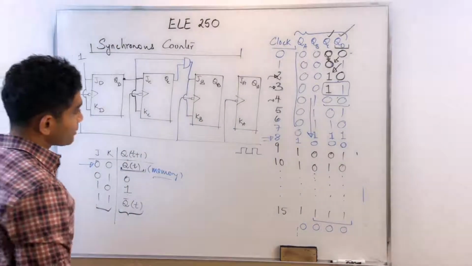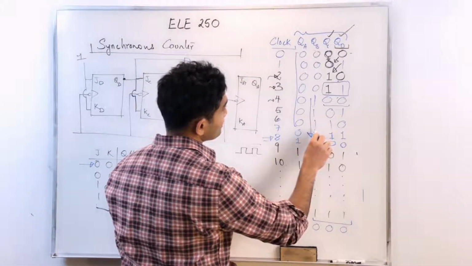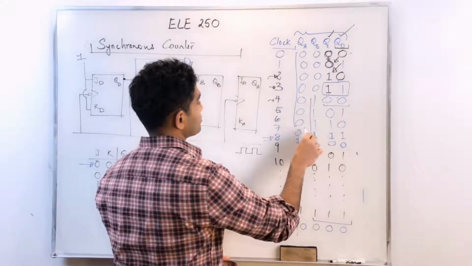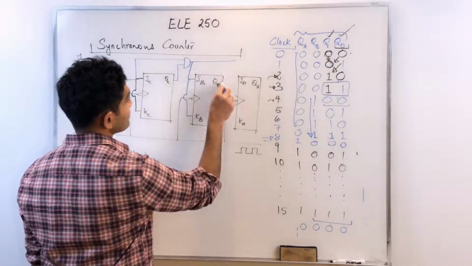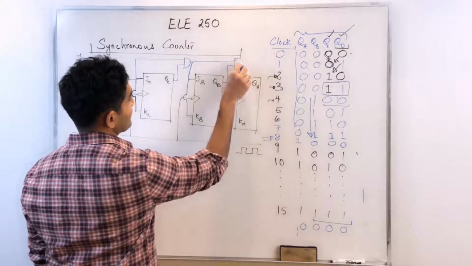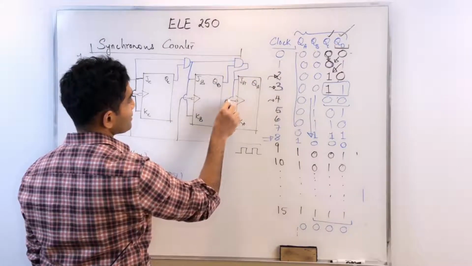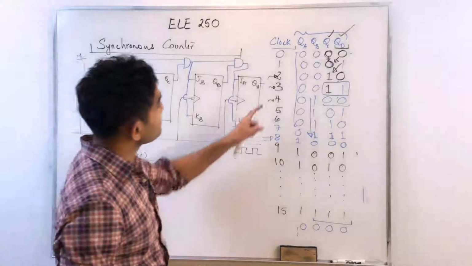In other words, I have to apply QC, QB, and QD as inputs to J and KA. I can apply this with another AND gate here, and apply this as the input to JA and KA, so that I can get this kind of a response for QA.